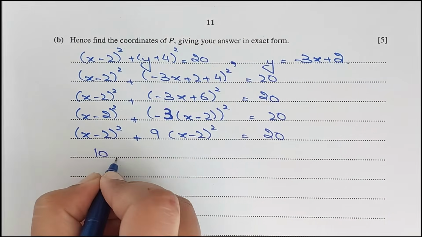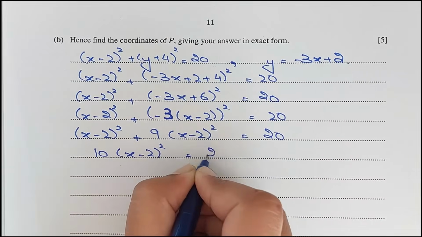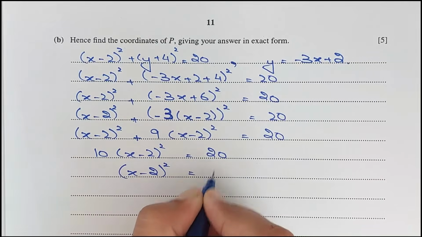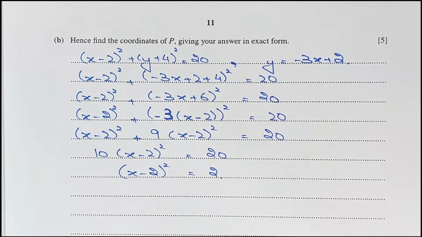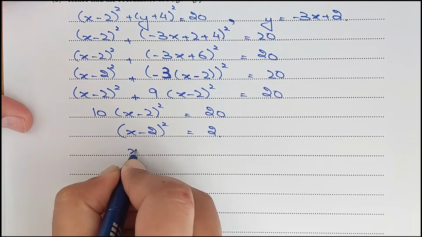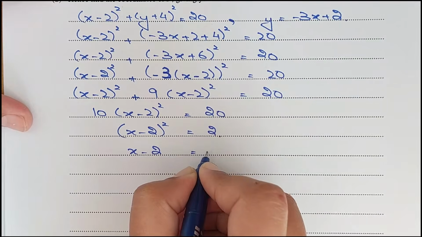So we have 10 times (x minus 2) whole squared equals 20, so (x minus 2) whole squared equals 2, since 20 divided by 10 is just 2. Taking the square root on both sides, x minus 2 equals plus or minus square root of 2.